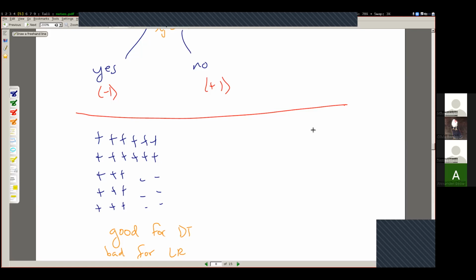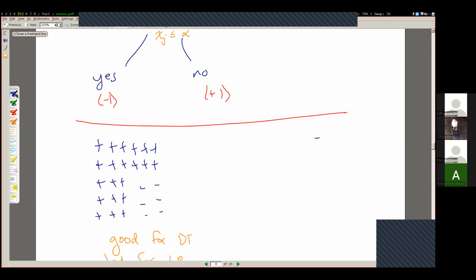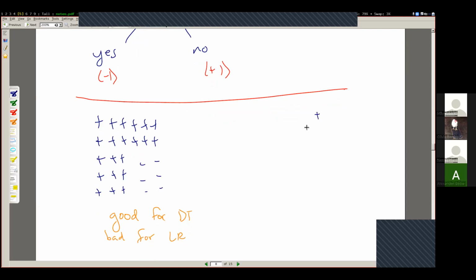Another example of a data set would be something where there is a lot of correlation between the positives in what the actual decision boundary looks like, but it is a straight line like this.